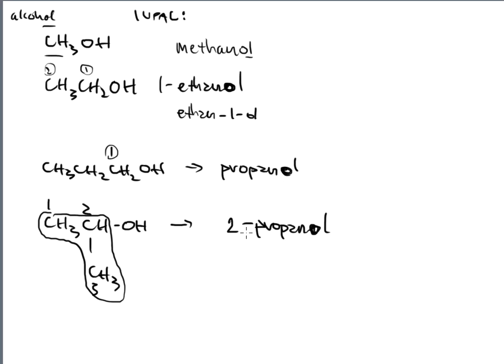So that 2 lets me know that the OH group is attached on the second carbon of the chain. Again, if you don't like that and you feel that this is ambiguous in a way, then this is propan-2-ol. And that is also an acceptable name.